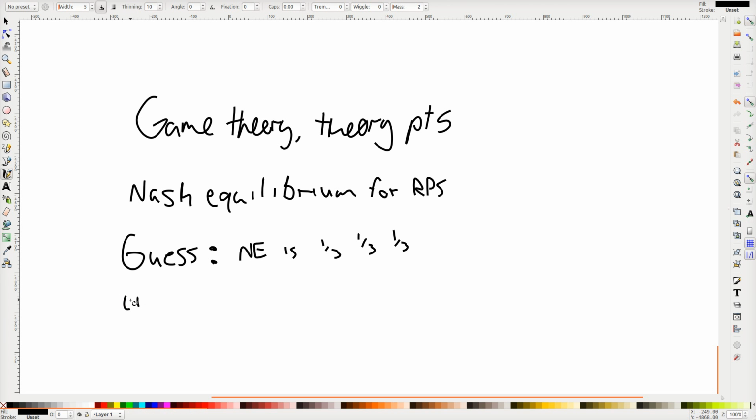And like I said, this is in fact the Nash equilibrium, where both players are playing 1/3, 1/3, 1/3. All right. So why?